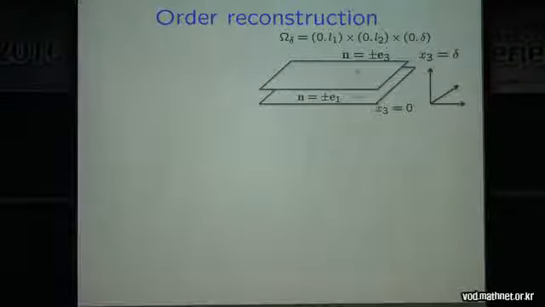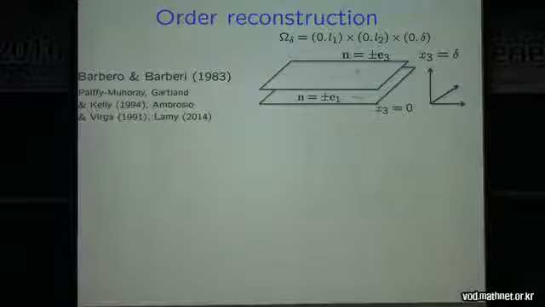The second example is order reconstruction. So this is a classical problem that's being considered by many people. It's a bit more of a theoretical problem than an experimental one, but there are some experiments. So the idea is you take two plates, and the liquid crystal fills the region between the two plates.